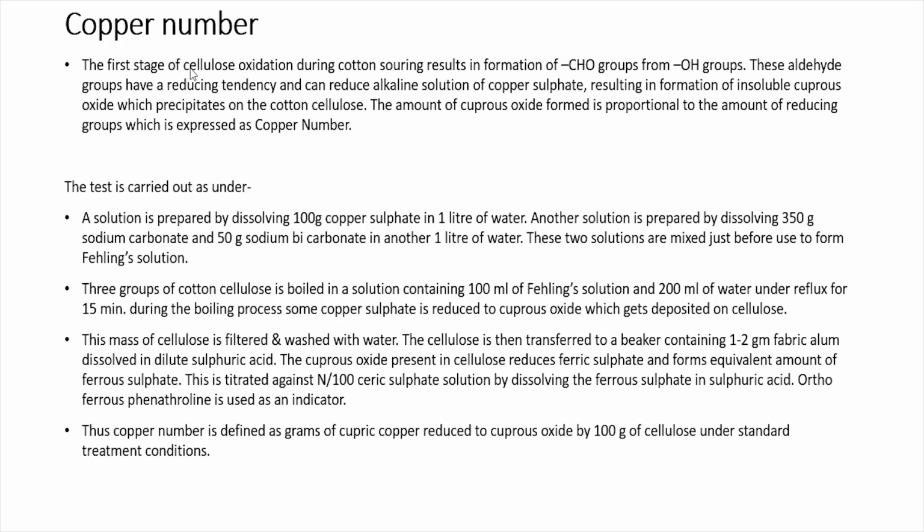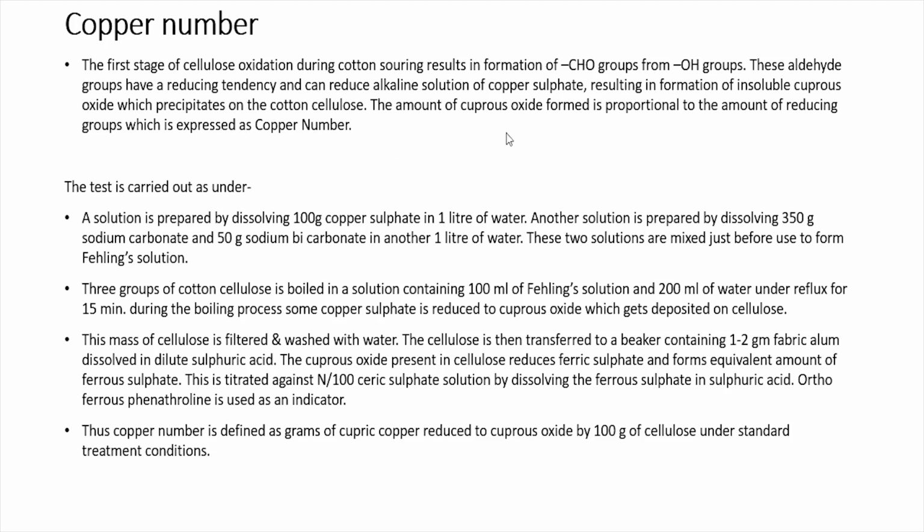Normally, in the first step of bleaching, the cellulose oxidation during cotton's scouring or bleaching results in the formation of aldehyde groups and hydroxyl groups. These aldehyde groups have a reducing tendency, and they reduce alkaline copper sulfate solution, resulting in the formation of insoluble cuprous oxide, which is precipitated on the cellulose fabric.